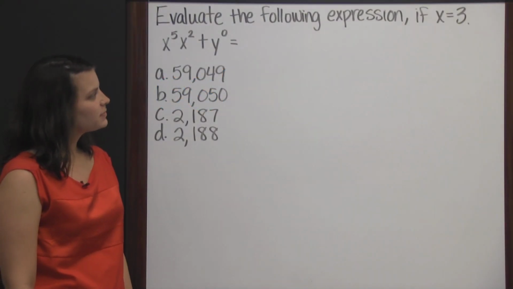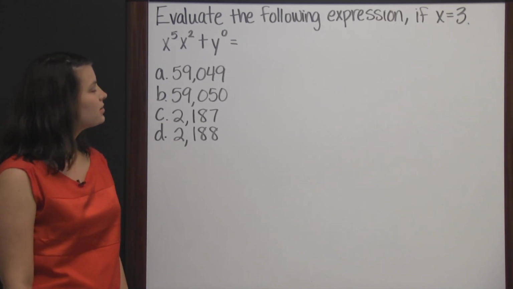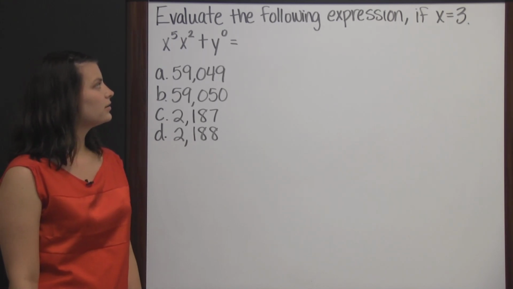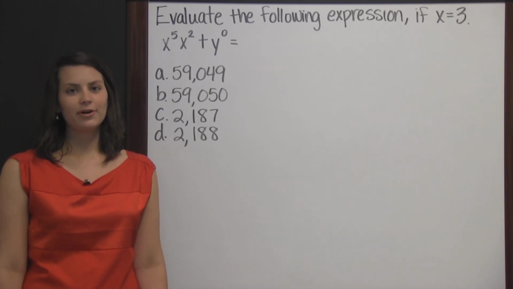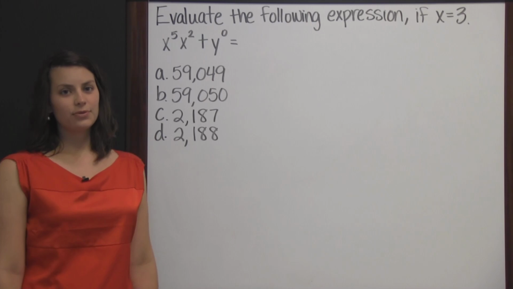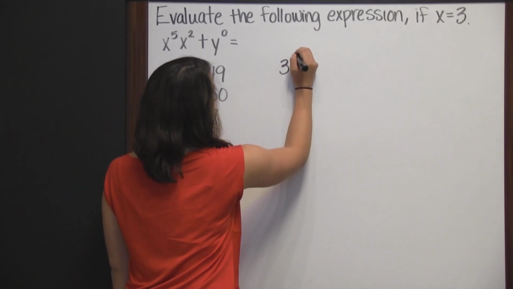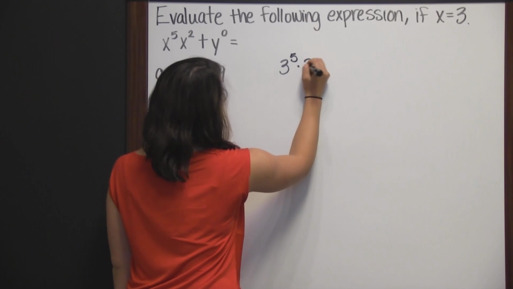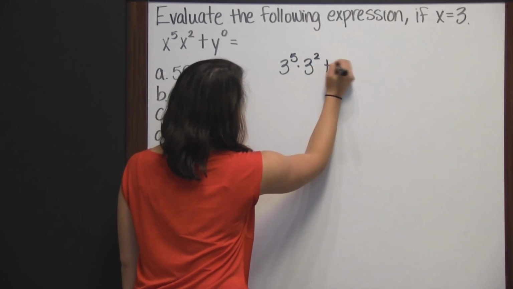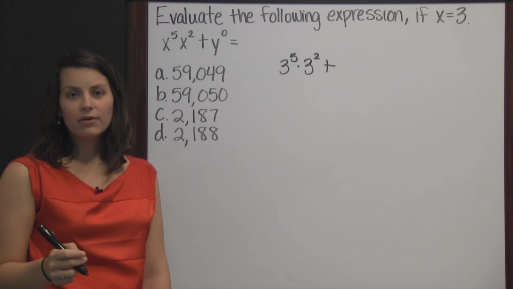Evaluate the following expression if x equals 3: x to the 5th times x squared plus y to the 0 power equals. So first we need to substitute 3 for x. So we have 3 to the 5th times 3 squared plus anything raised to the 0 power.